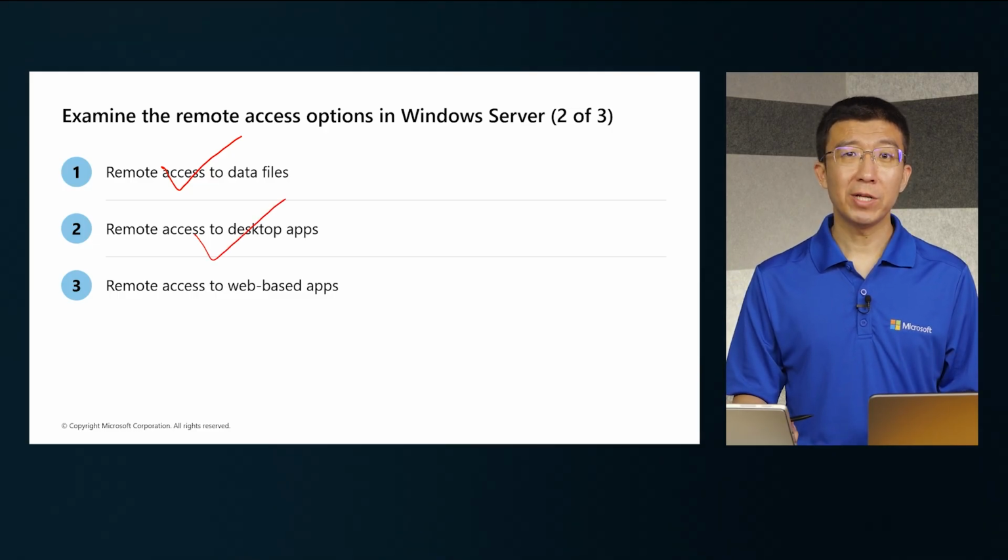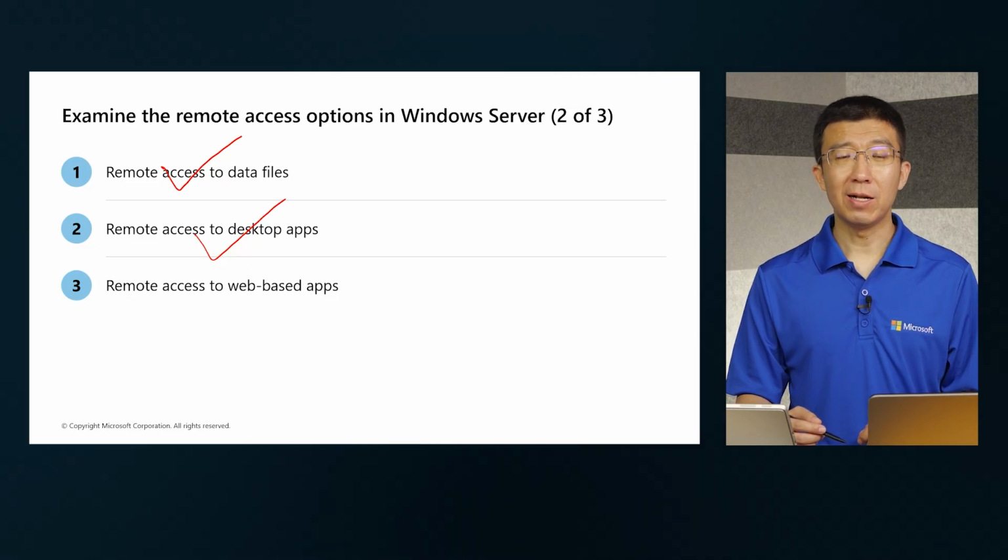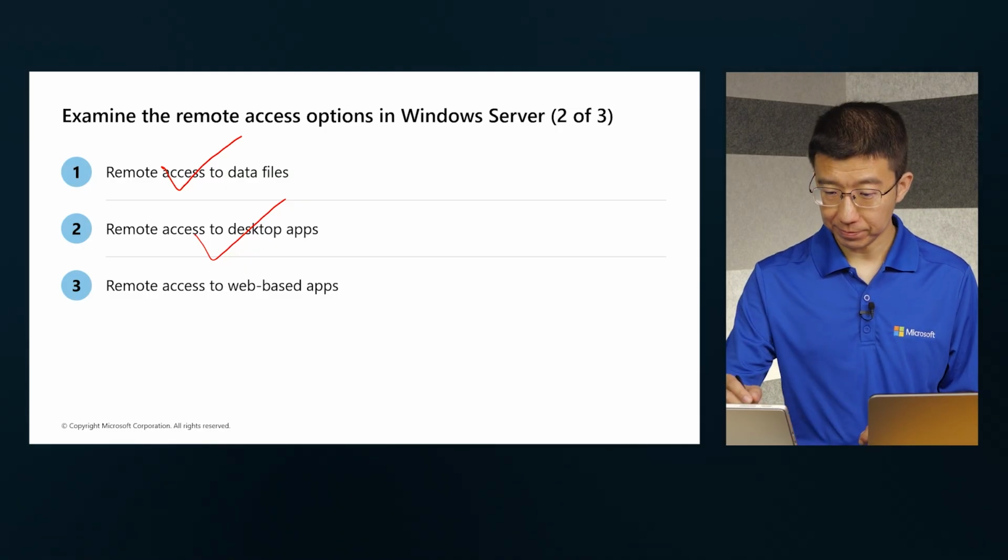Second, remote access to desktop apps that use shared data storage can be slow over VPN because of high latency. In these cases, Remote Desktop Services is often used, allowing the app to run closer to the data on the internal network.